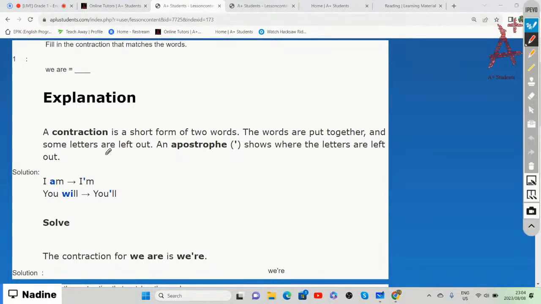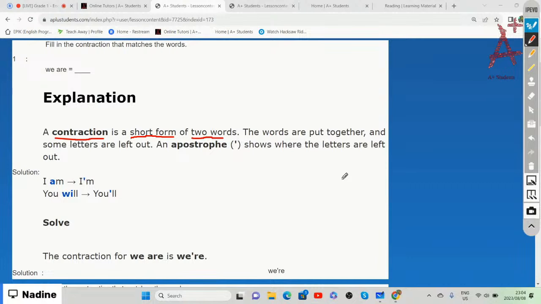All right. So a contraction, it is a short form of two words. It's like we have shortened two words. And these two words are put together and some letters are left out.